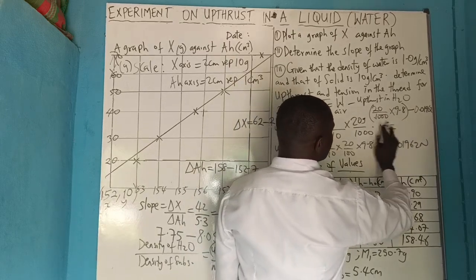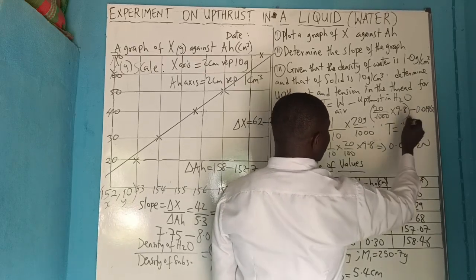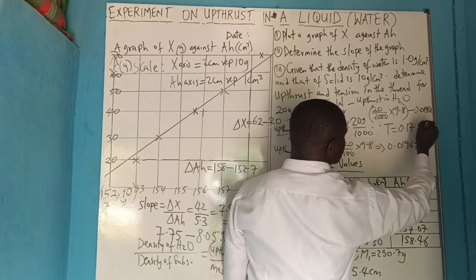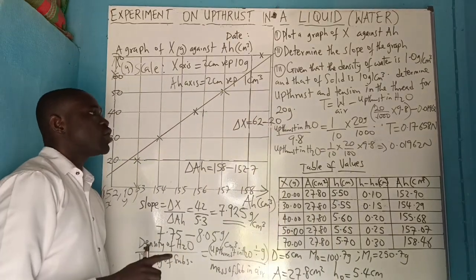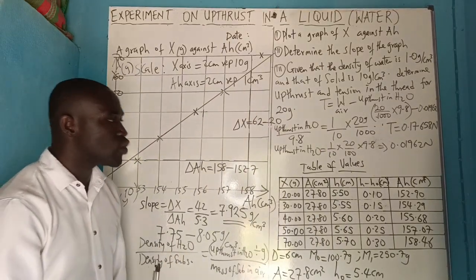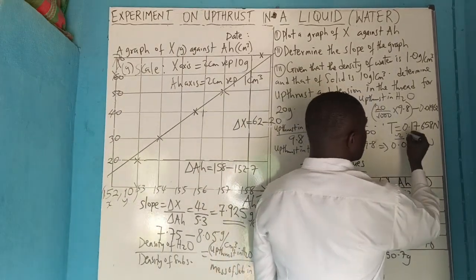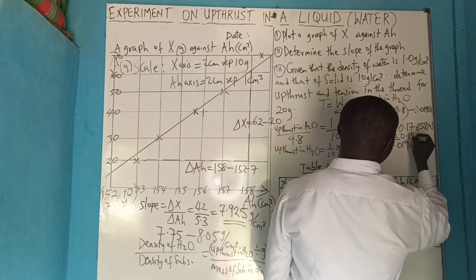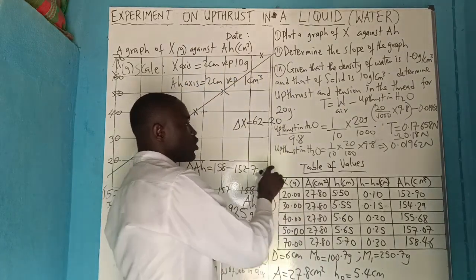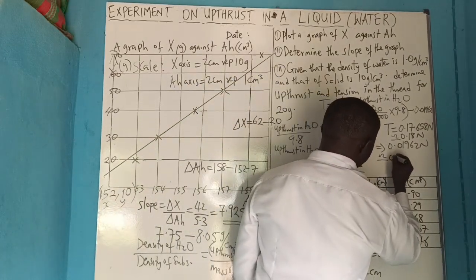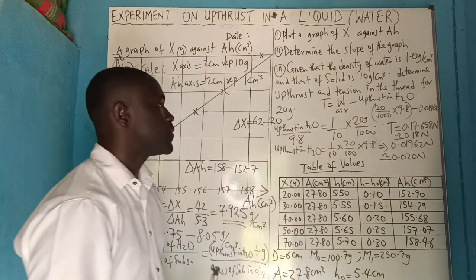When you minus it, you'll be having the tension to be 0.17658 Newton. So the tension will be 0.17658 Newton, that is by calculation. Approximately, it will be giving you 0.18 Newton, whereas the upthrust approximately will be equal to 0.020 Newton. Are you getting it?